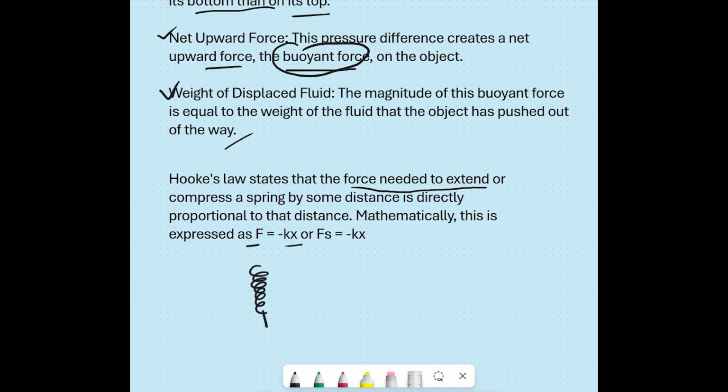So if we hang an object, so let's say this is the object, as a result the weight or the force will apply, and from here it will extend up to this distance. In that case, as I said, by the postulate, the spring's distance is expanded, which is x, and the force will be directly proportional.